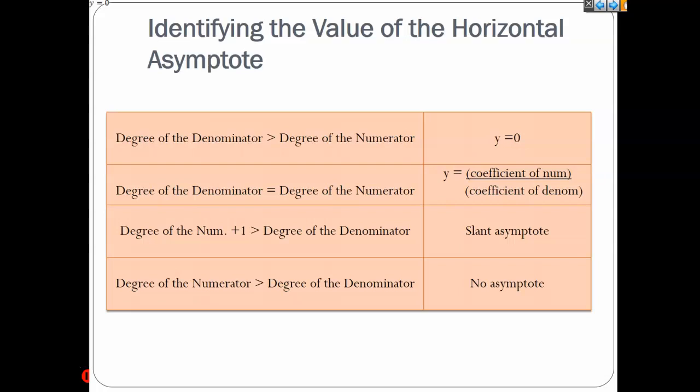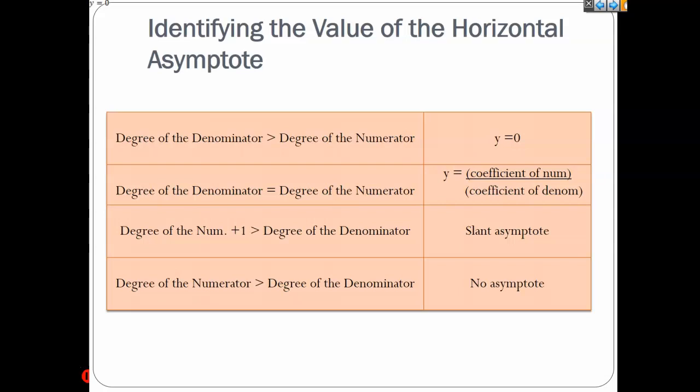X is 1 degree higher than 1. If the degree of the denominator and the numerator are equal, then your horizontal asymptote is at the ratio of their coefficients.